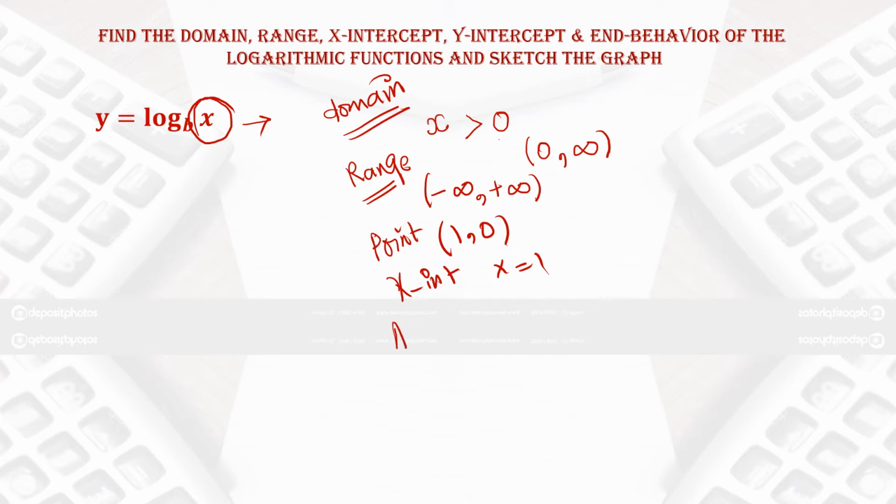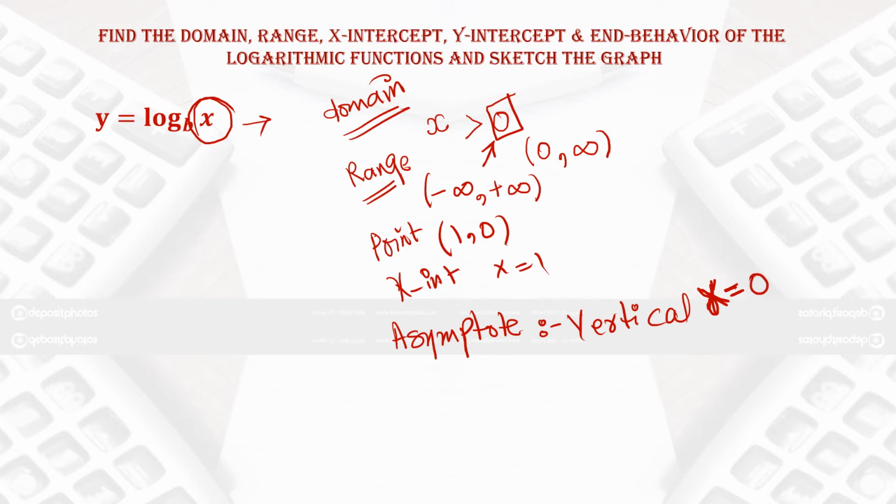As we already know, there is an asymptote in the logarithmic function, and it should be a vertical asymptote. What point will the vertical asymptote lie at? You can determine that from the domain, whatever number you get in the domain will be the vertical asymptote. So you will have the vertical asymptote x equals 0.